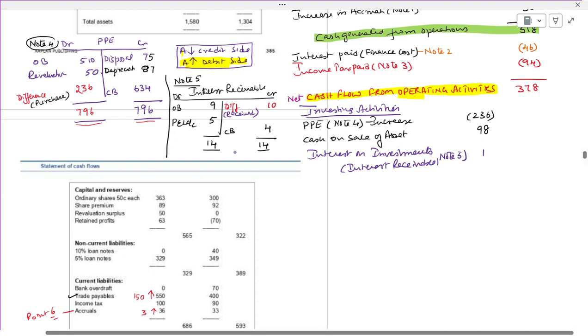How much? 10. Interest from investments, is it right? Interest on investments. I can write interest from investments or anything. How much is there? Okay. 10. Total comes to how much?